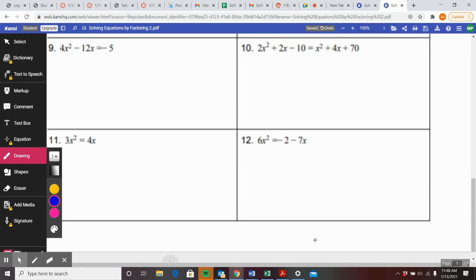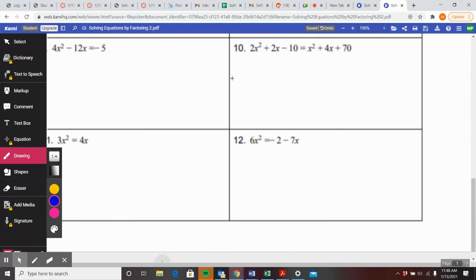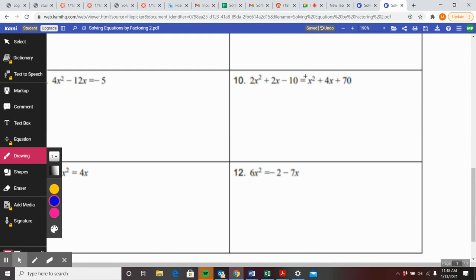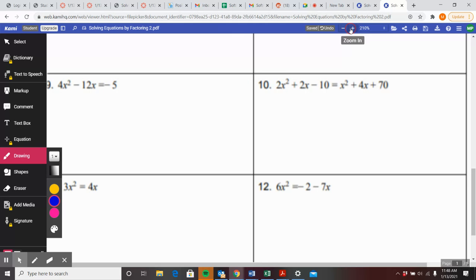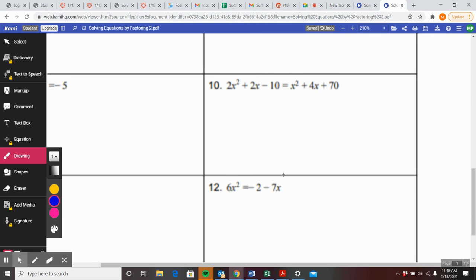Okay, let me talk about this one real quick, and I'm going to help you if you wanted to do this one. If you don't want to do it, it's fine. You don't have to listen to me. Actually, I want you to pay attention and write it down. You don't have to complete it, though, okay? Okay, so the issue is I need all of that stuff on the right side to go to the left side. So how do I move a positive x squared? You subtract it.